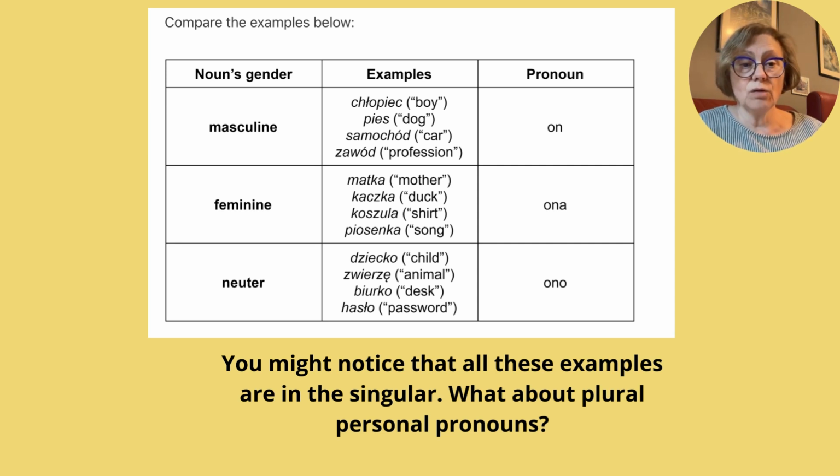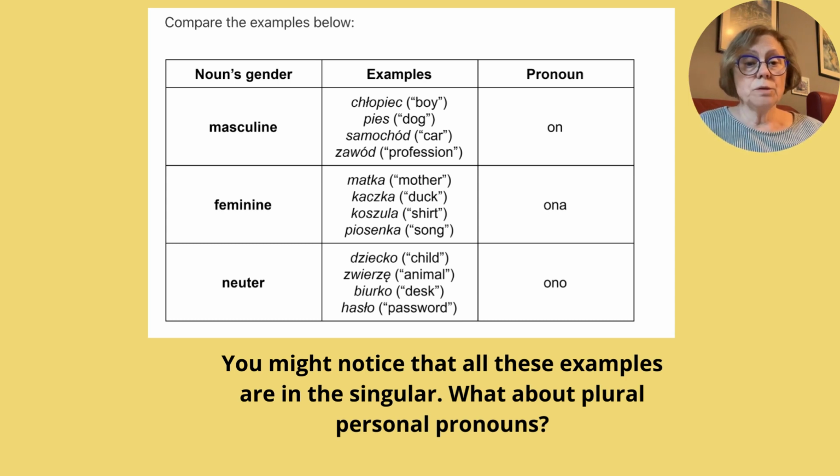Piosenka, song, ona. Neuter: dziecko, child, ono. Zwierzę, animal, ono. Biurko, desk, ono. Hasło, password, ono. You might notice that all these examples are in the singular.